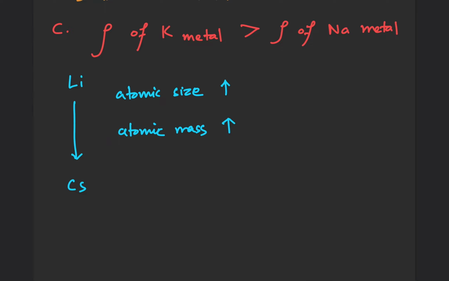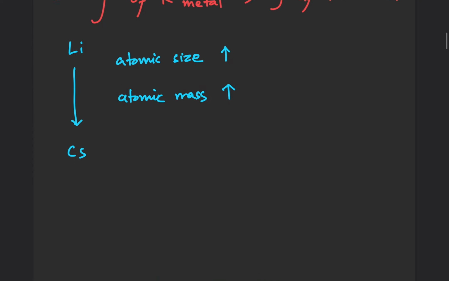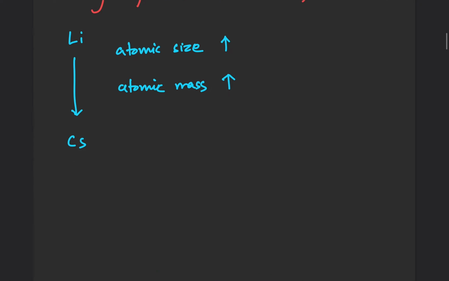Okay, but increase in atomic mass more than compensates the bigger atomic size. So the point is the increase in atomic mass is more compared to the increase in size. So therefore density of alkali metals increases from lithium to cesium.